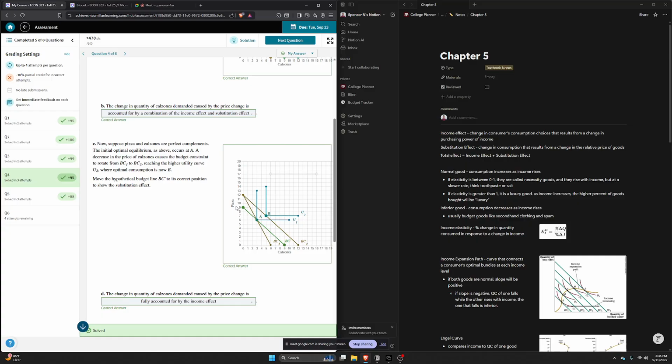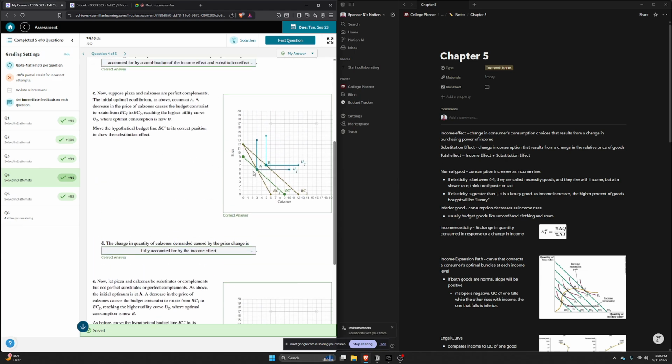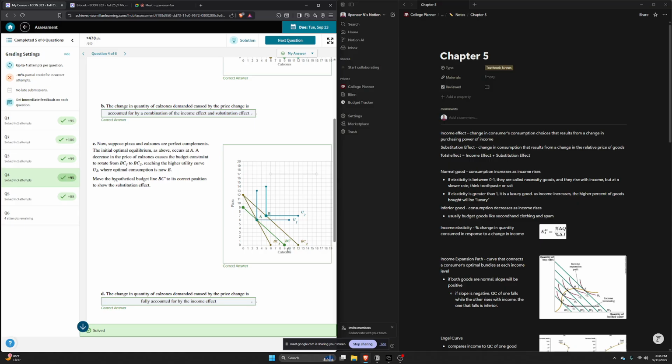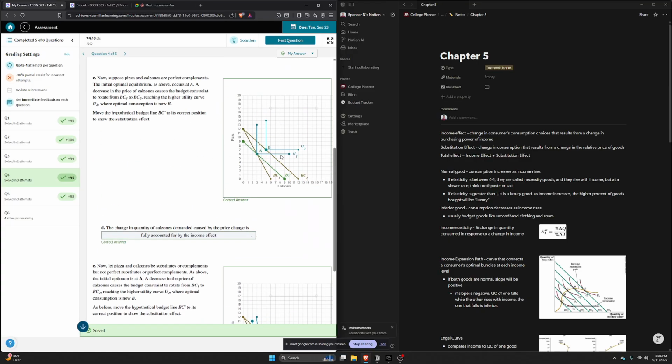So BC prime here, 9 and 9 again. I really wish I could go back and show you because I just used process of elimination to get this. I didn't really think about it the way they were trying to get me to think about it. But yeah, this is the right place for it, and it's fully accounted for by the income effect.